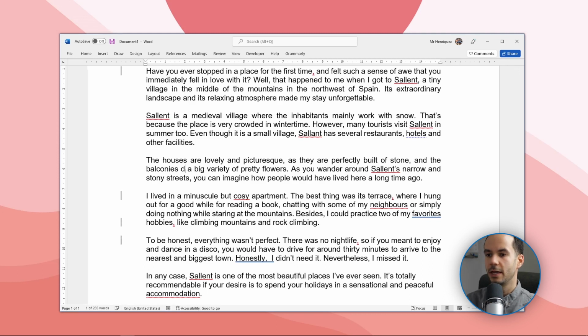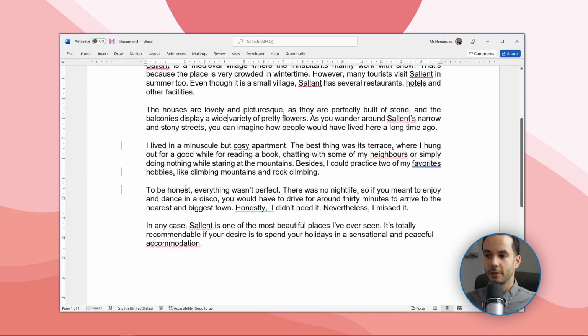So the balconies display, which is a verb in this case, a big variety of pretty flowers. And because we want to show that we have a lot of different flowers, I'm going to change the adjective big into wide, because that fits better, a wide variety of pretty flowers.